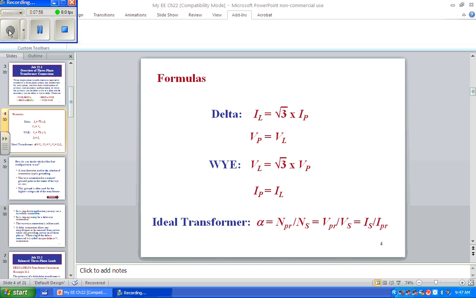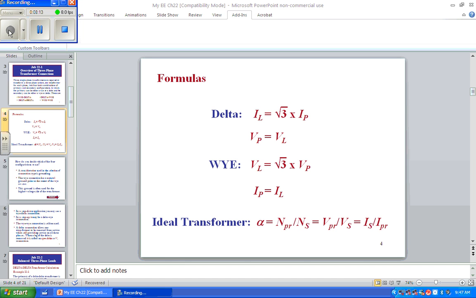Okay, so with the ideal transformer, which is what we generally consider, the winding ratio is equal to the voltage ratio and is inversely proportional to the current ratio.